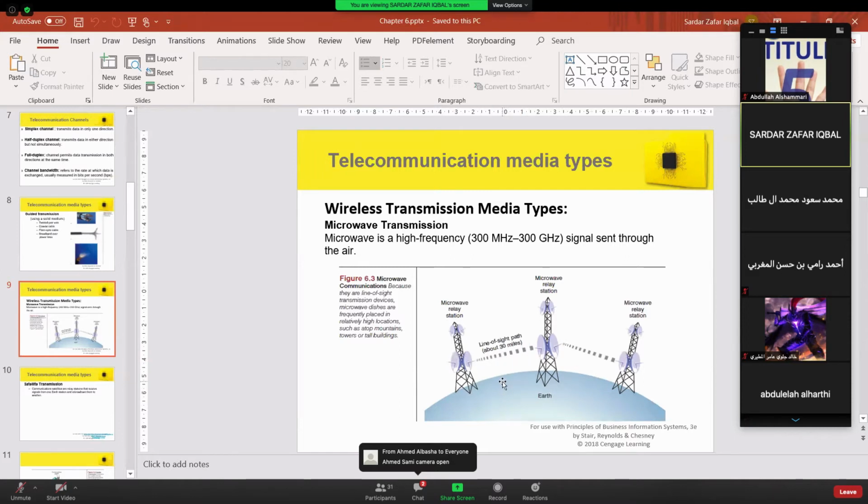There's nothing between them, so they can communicate directly. Okay? You got the point? Line of sight? In front of the line, in the same line. There's no hurdle between them. Guys, did you get this point? Line of sight?